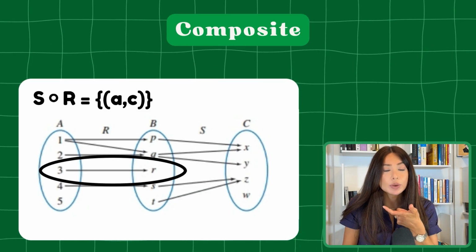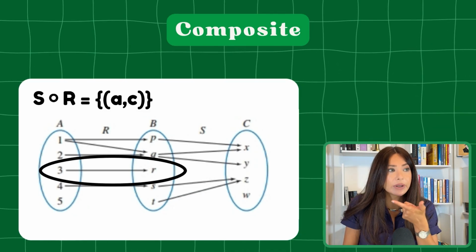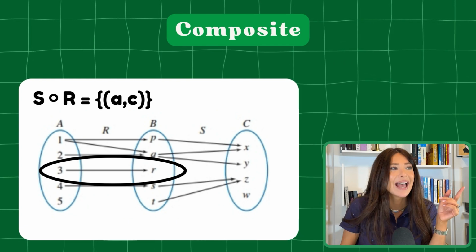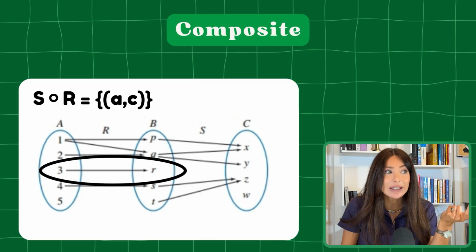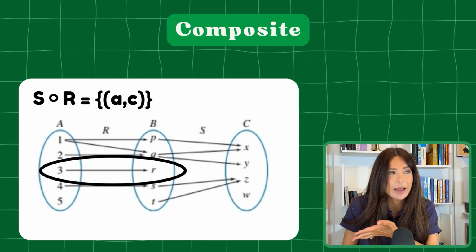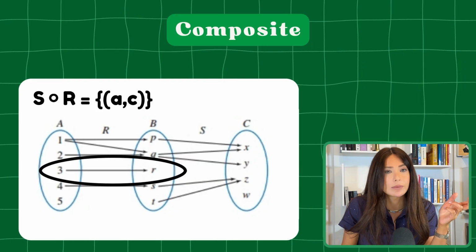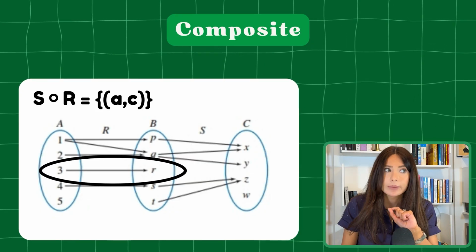It is connected to an element from B through R, but then S does not take it to C. So 3 is not connected to any element in C, so 3 should never be found in your composite relation S composite R.